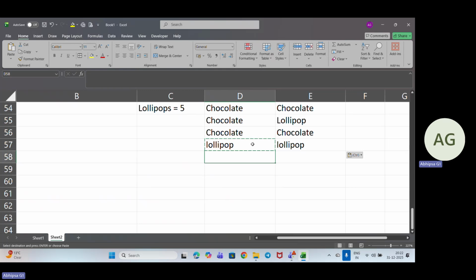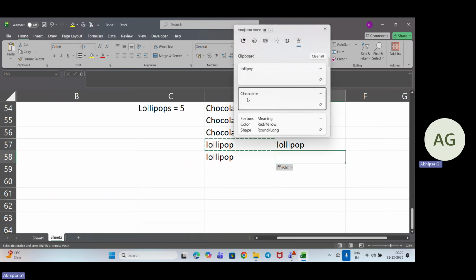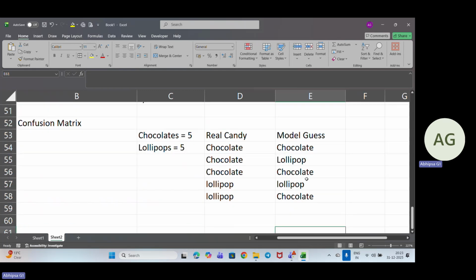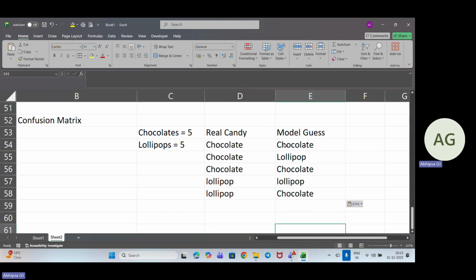And now here suppose it is a lollipop, but it has predicted a chocolate. So this is the real candy and this is the model guess. Chocolate, chocolate: yes, predicted correctly. Chocolate, lollipop: no, the prediction is wrong. Chocolate, chocolate again: the prediction is correct. Lollipop, lollipop: the prediction is correct. Lollipop and chocolate: the prediction is wrong.